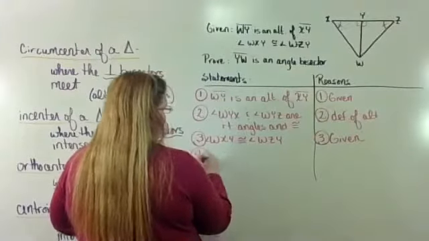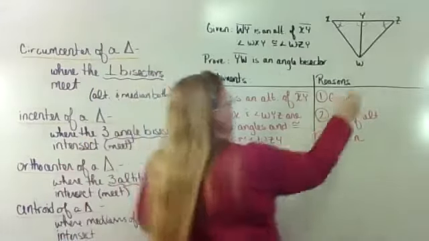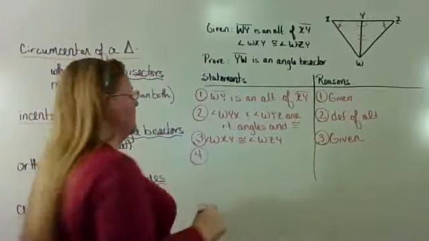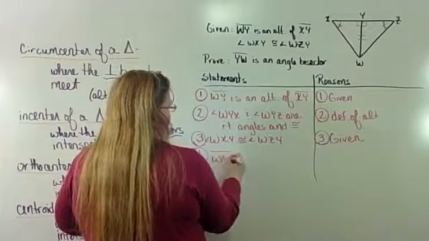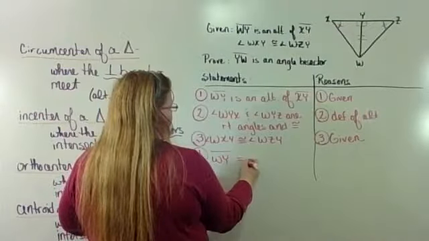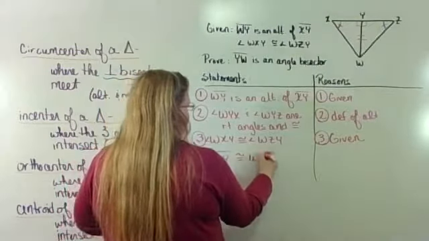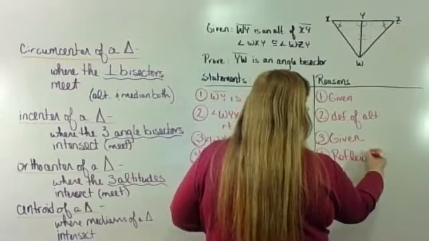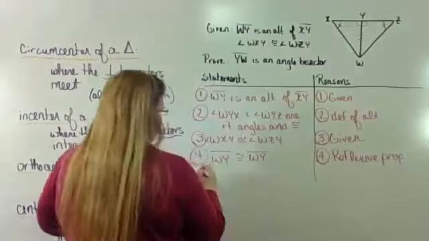Then I've got one angle, one side, and the side that I'm using is that one, because it has to be the same. So I'm going to say that WY is congruent to WY, and for 4 that is by the reflexive property. And I hope I lined them up correctly.